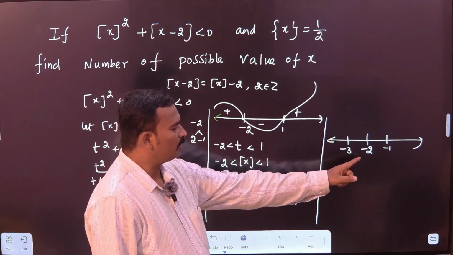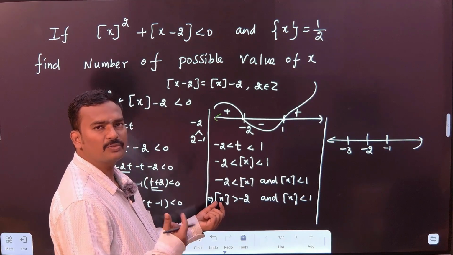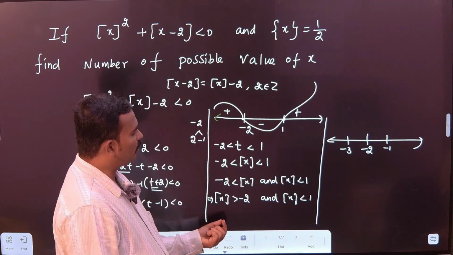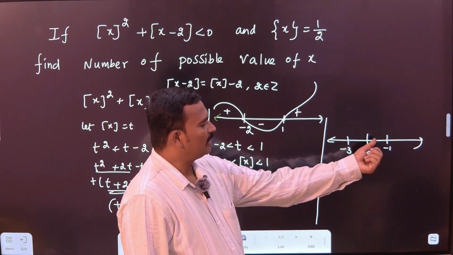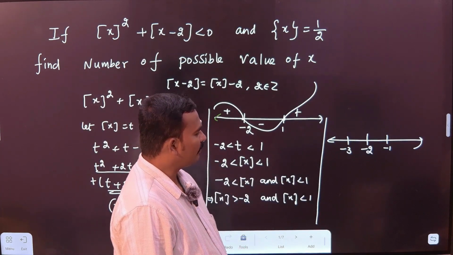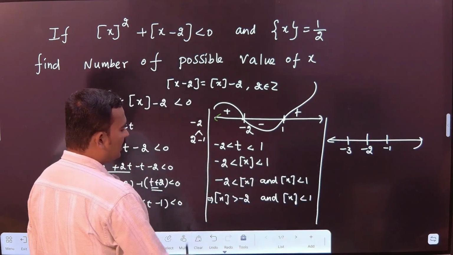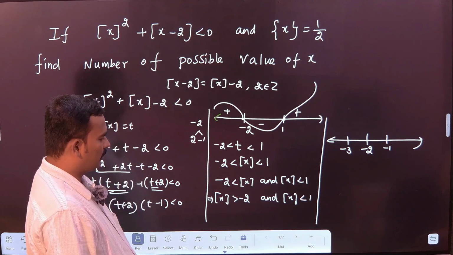Are you able to take minus 2? If I take minus 2, the greatest integer value of minus 2 is minus 2. So, minus 2 is strictly greater than minus 2, it's not possible. So, you can take minus 1. Minus 1 is greater than minus 2 or not? Right? Yes, possible.